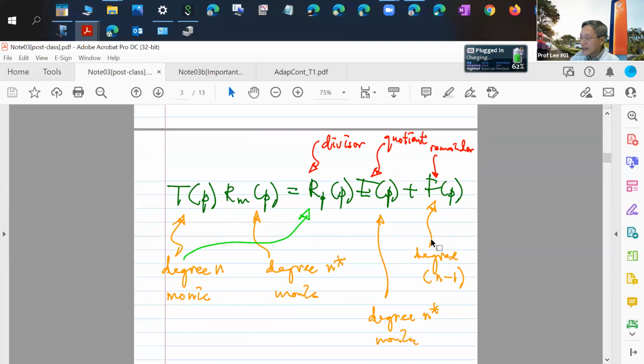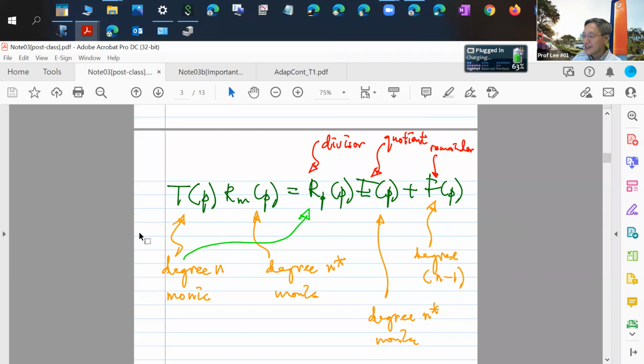Then I said, with that you can introduce this identity, which goes by many famous names, Diophantine identity, Bezout identity. But as I told you, it's basically equivalent to polynomial division.